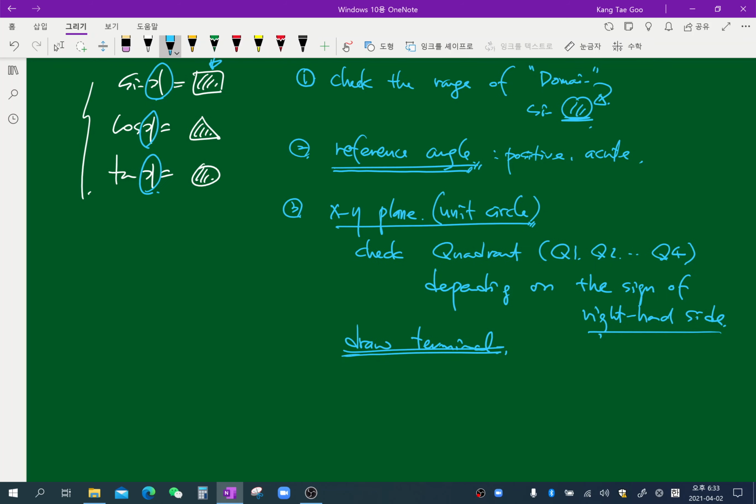After that, consider the so-called domain in this part. By considering the range of those domain, check, get the answer. Get the values.